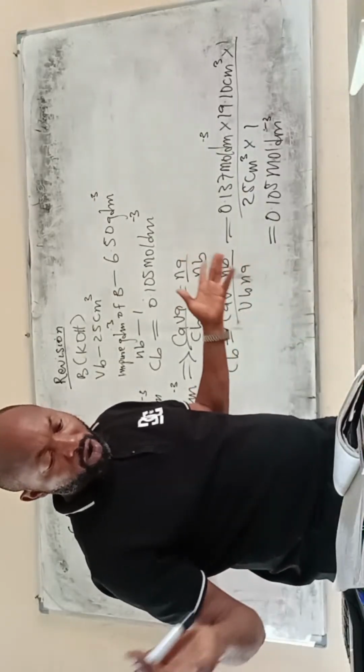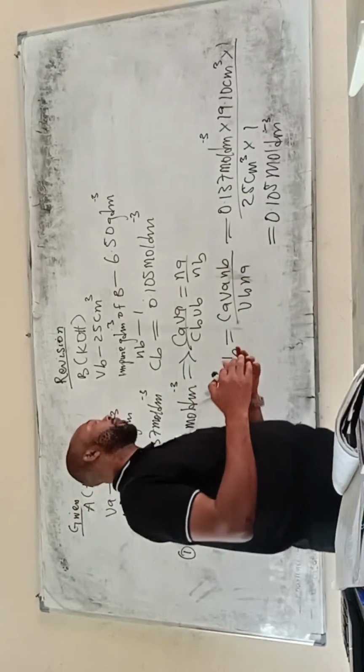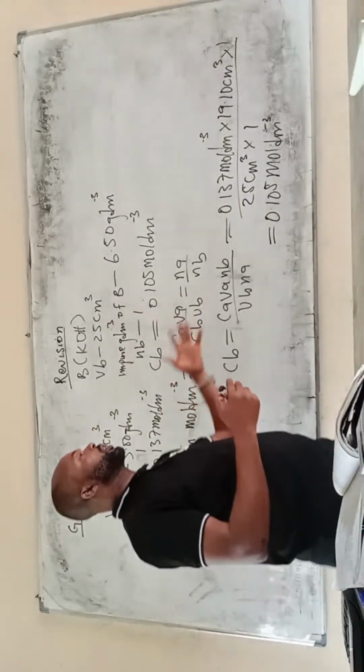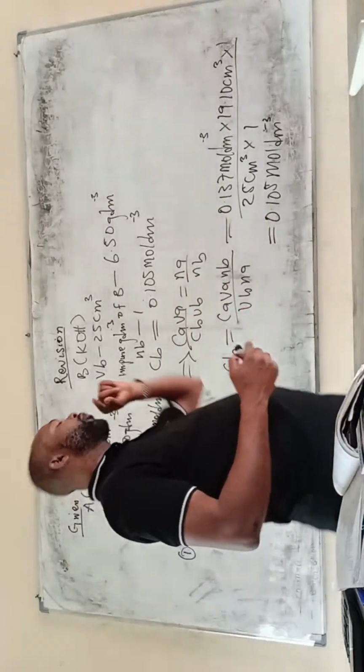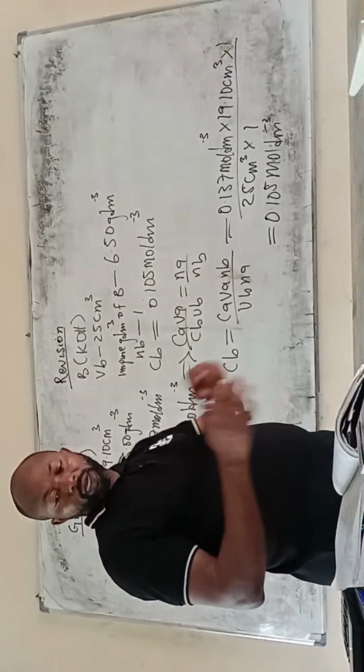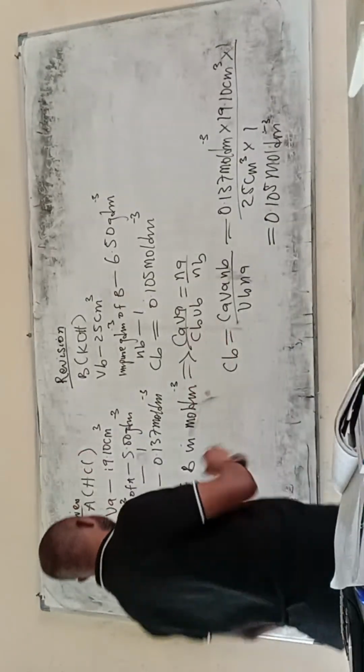Percentage purity of KOH. So they are moving straight up to tell us to calculate the percentage purity. But remember, before you get your percentage purity, let me write the formula out so that we'll see.